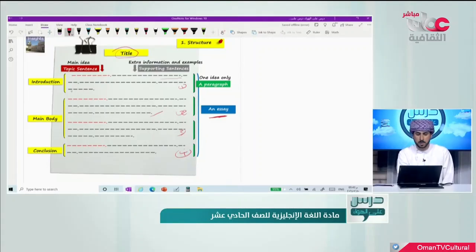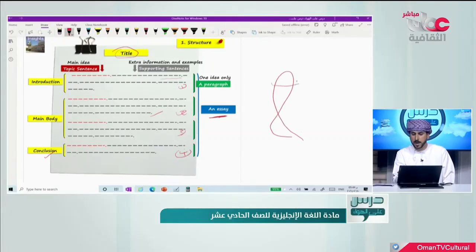For example, the first paragraph in the essay is called an introduction. And the last paragraph in the essay is called what? It is called conclusion. Now, the paragraphs in between the introduction and the conclusion are called bodies, the main bodies.